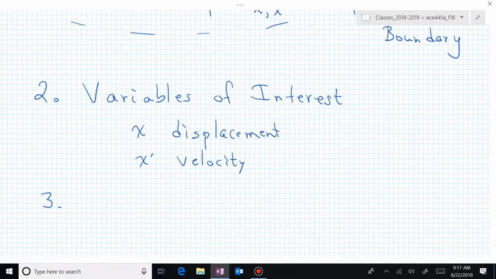Writing the equilibrium equations and compatibility equations. To do that for this mechanical system, can I ask you now, on your own paper, draw the free body diagram for this system?